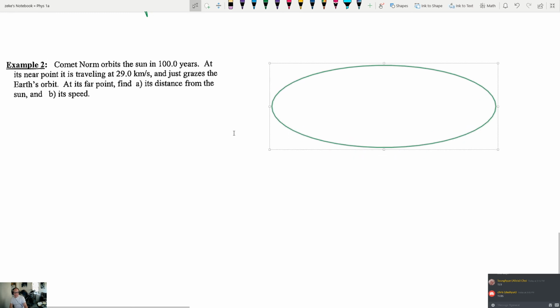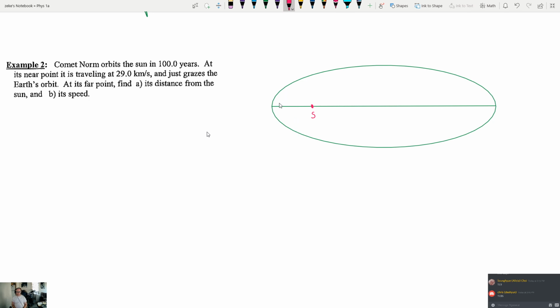So here's our orbit. We know there's a comet traveling on this orbit. We also know in order to have an orbit, you need to have something at the center that it is orbiting. So we need the Sun on our picture right here. Here's the Sun.